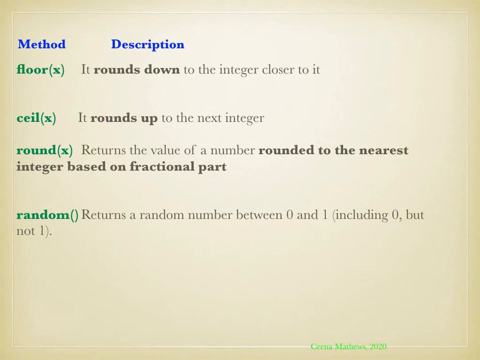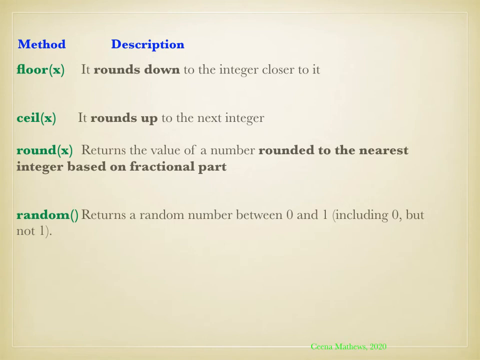It always rounds up the given number. Round x returns the value of a number rounded to the nearest integer, and random returns a random number between 0 and 1, that is including 0 but not including 1, that is it excludes 1.